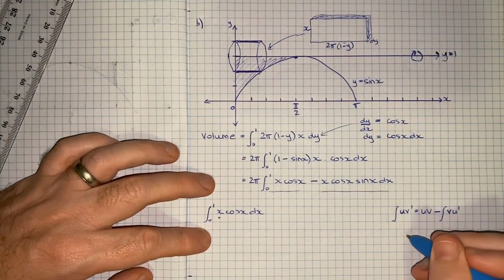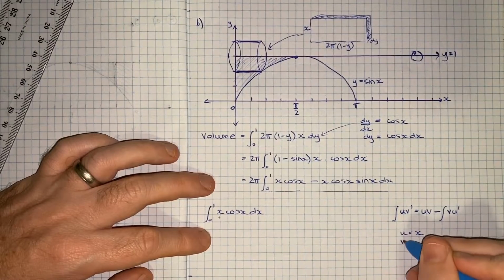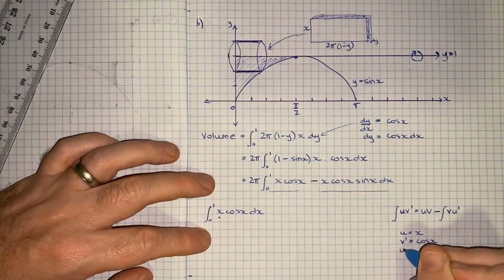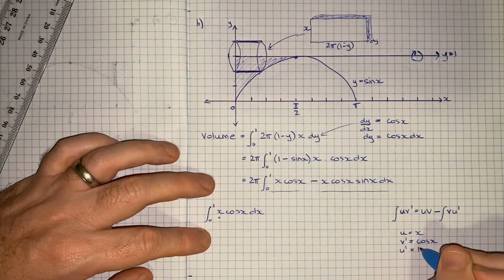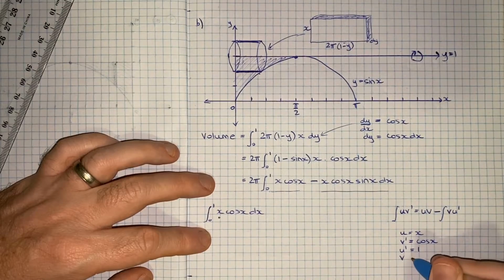So I think we should have in this paradigm u is equal to x, v dash will be cos x. That means u dash will be equal to 1, the derivative of x is just 1, and that means v must be sine x because the derivative of sine x is cos x.